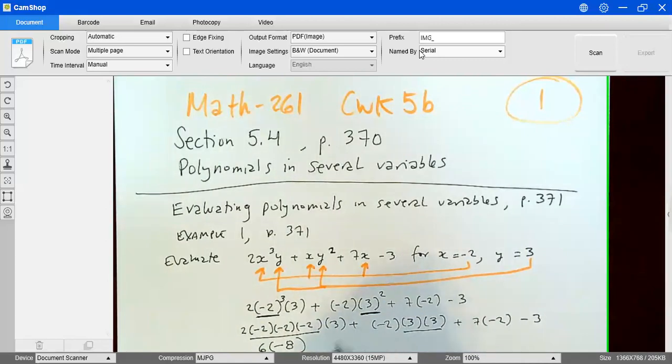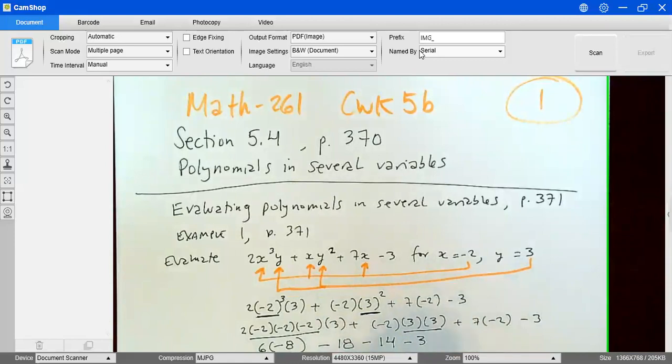So positive times negative is going to be negative. 2 times 9 is going to be 18. Positive times negative is going to be negative. 7 times 2 is going to be 14. Then we have -3 here. And also positive times negative is going to be negative. So this is going to be -48, -18, -14, -3.